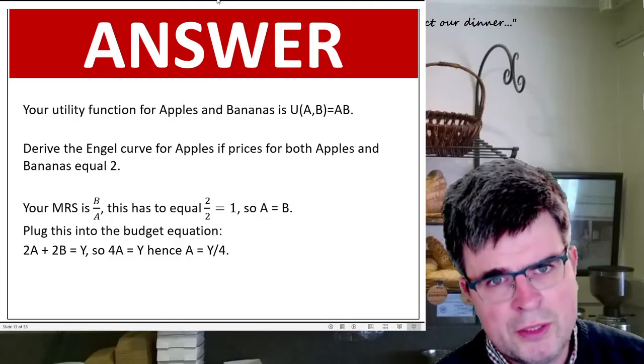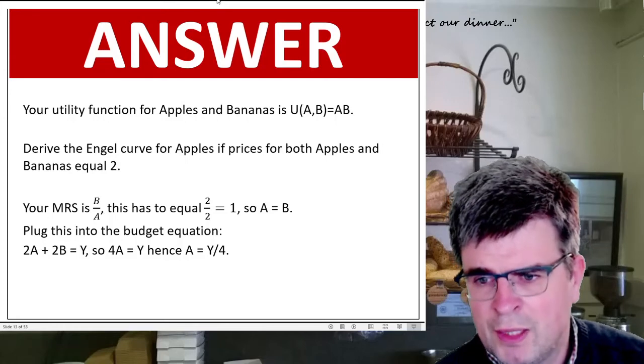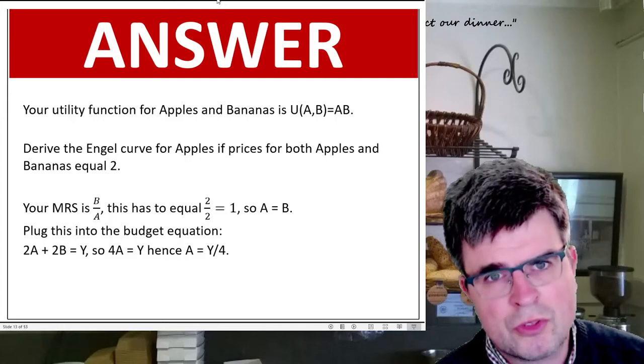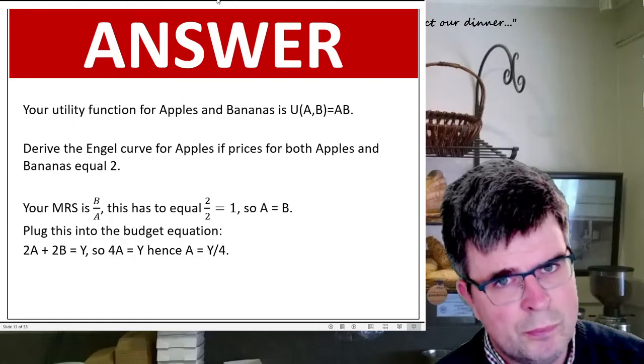And now we can plug this into the budget constraint. So we have the budget constraint, well, an apple and a banana each cost 2.